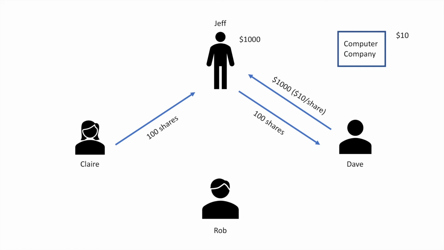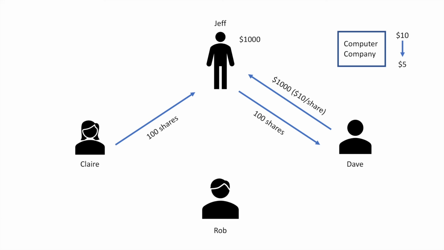So let's say now the price of the company did drop down to $5, just as Jeff thought was going to happen. So now computer company is at $5. So now Jeff wants to buy those shares back, because he's doing short selling. So he's going to talk to Rob. Rob's interested in selling his shares, getting out of the position while it's at $5. And so Rob agrees to sell Jeff his shares.